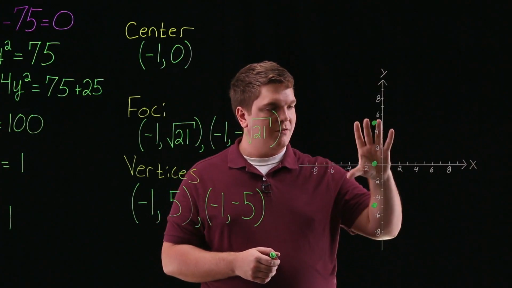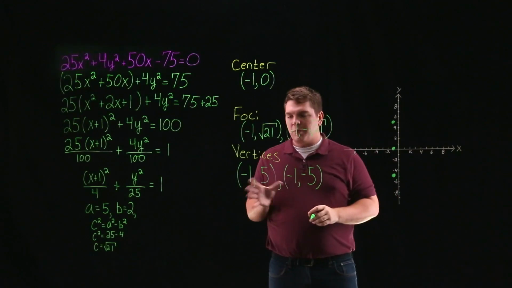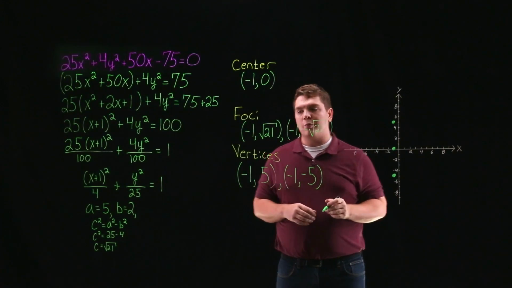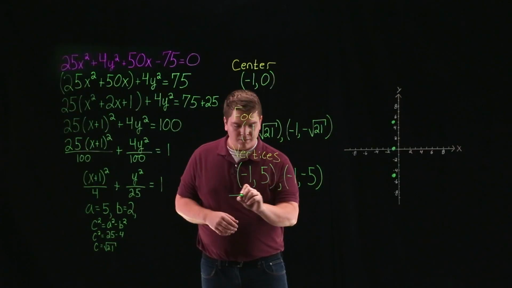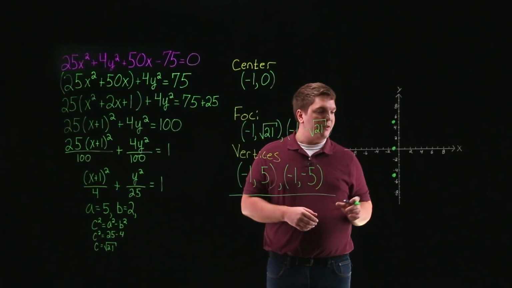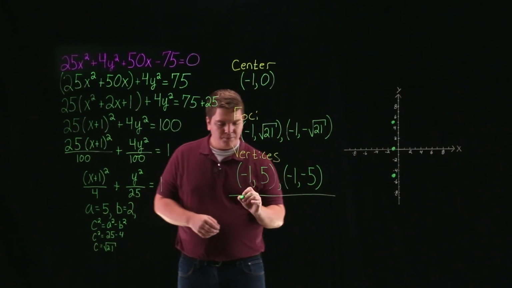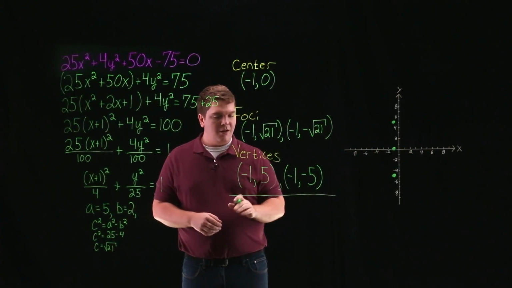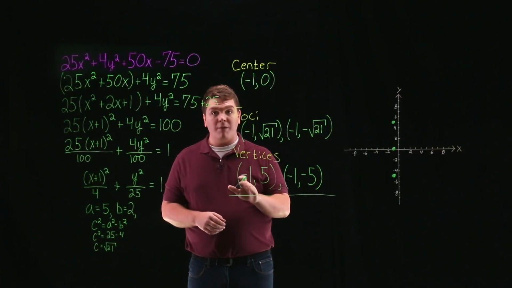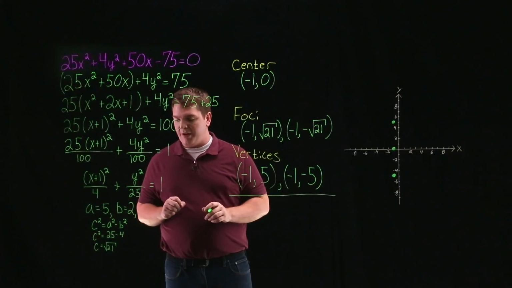With just these two vertices, it would be really hard to sketch the graph of our ellipse. So let's try to find 2 more points on the ellipse. We'll find the endpoints of the minor axis. That's pretty easy to do. We know that the x-coordinates are going to start with -1, and we're going to add and subtract b.